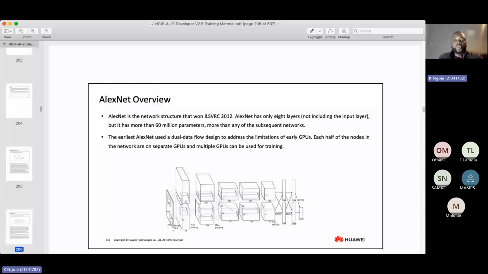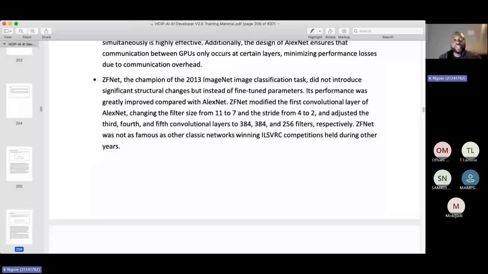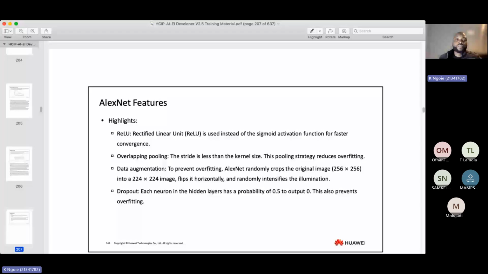There are new structures being implemented in terms of bringing pre-trained models. So we can have pre-trained models that are already available. Sometimes you don't have to recreate the neural network for image classification. You can just implement a pre-trained model out there.